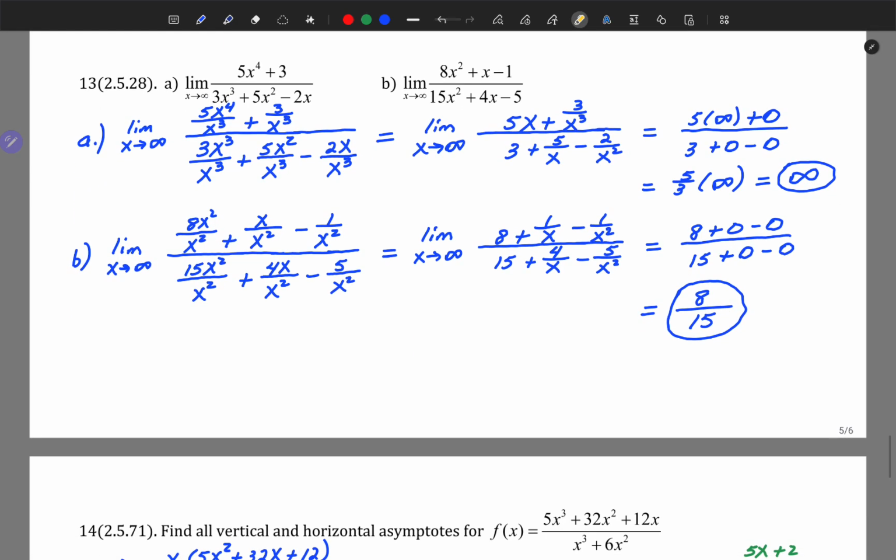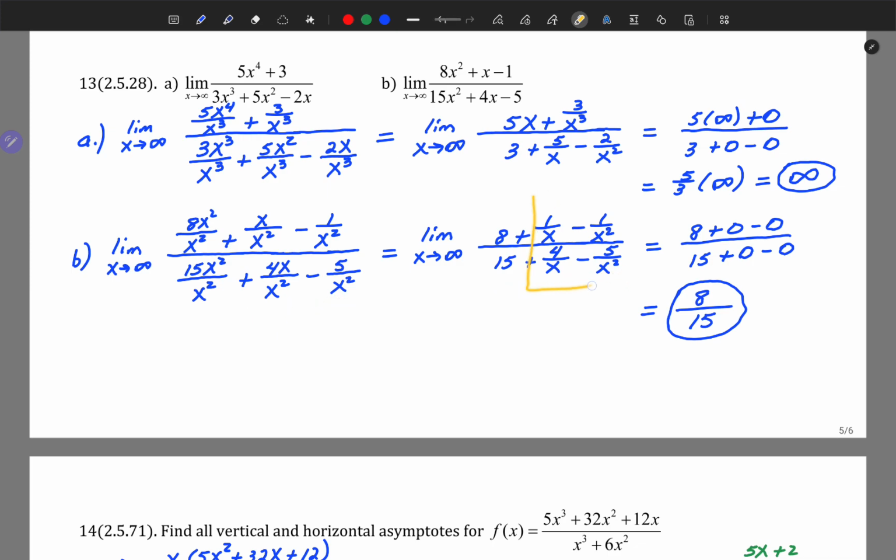For part B in this one, I divided by the degree of the denominator, x squared. When I did that, in the next step the 8x over x squared just gave me an 8. Then I had plus 1 over x when I reduced down, minus 1 over x squared. This term gave me a 15 plus 4 over x minus 5 over x squared.